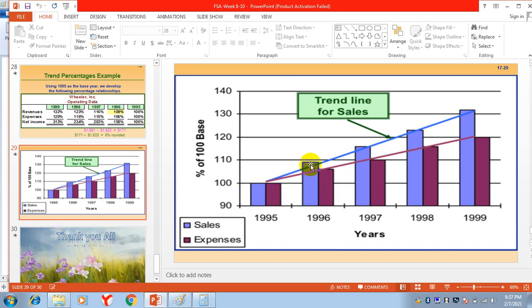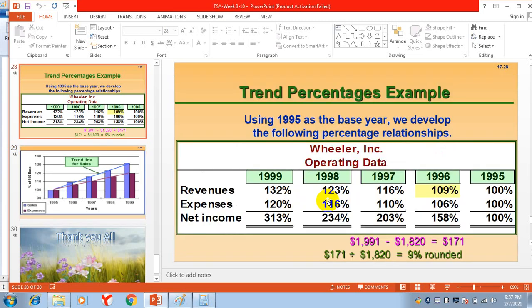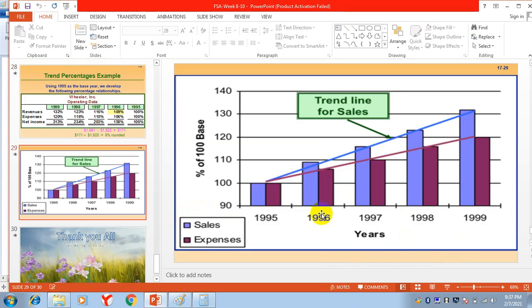Next year there is a 9% increase in sales, revenues, and a 6% increase in expenses. So see, the height of this is 9, and the height of this is 6.